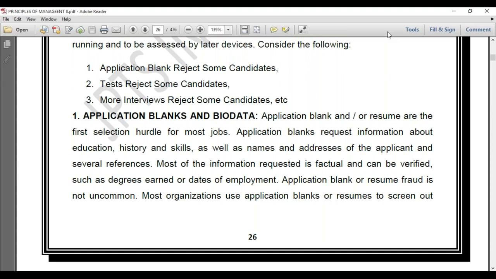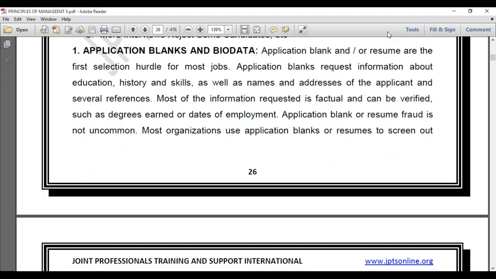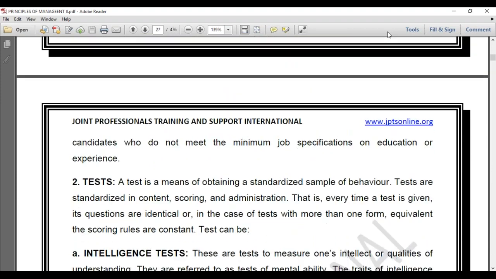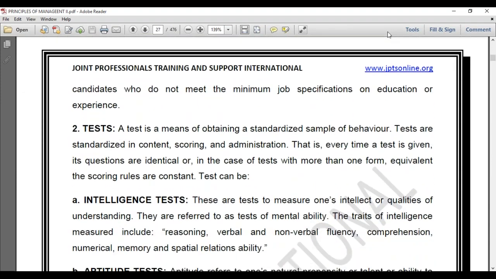Application blank or biodata is where you have the name, address, phone number, and email address of the prospective employee. You screen this application and check whether this person qualifies to be invited for a test. Under the process of test, it could be a written test, it could be an oral test. Under that test, a certain set of people will be rejected, while some few will be taken.